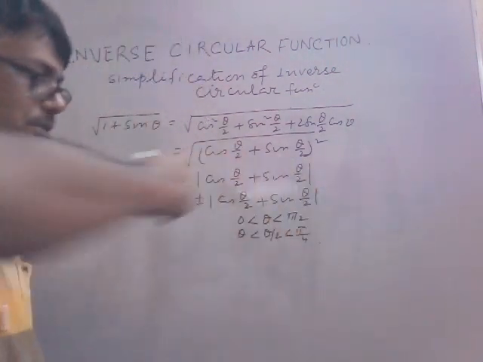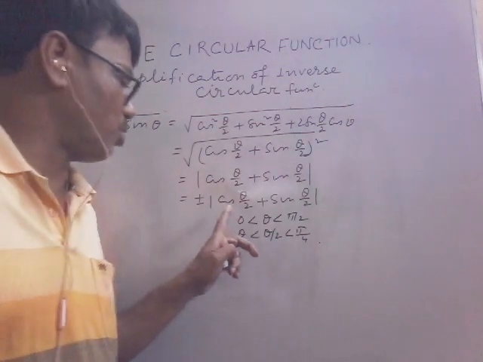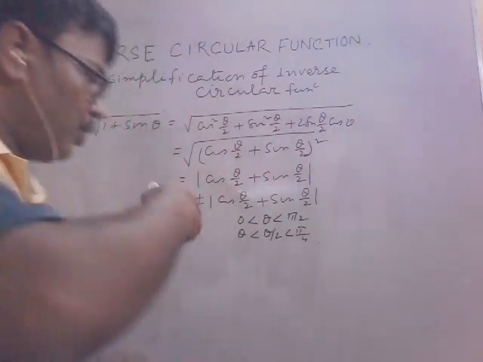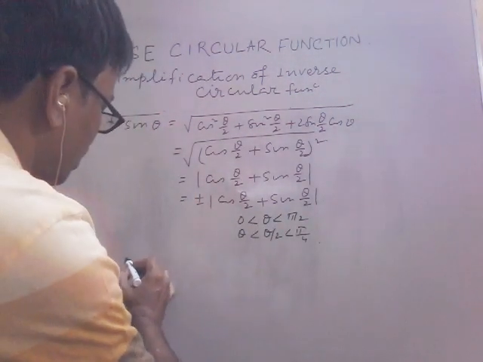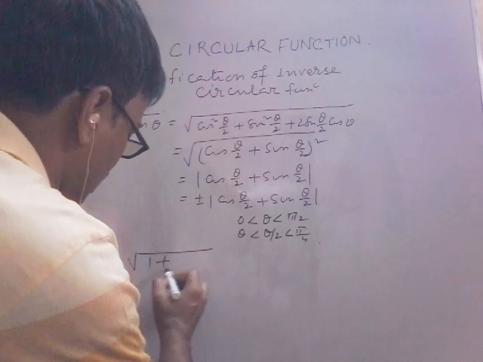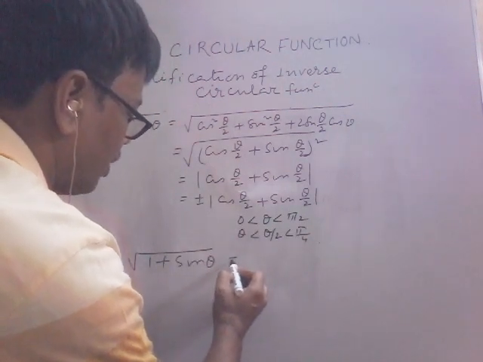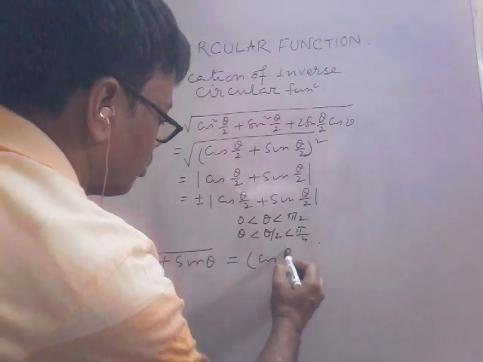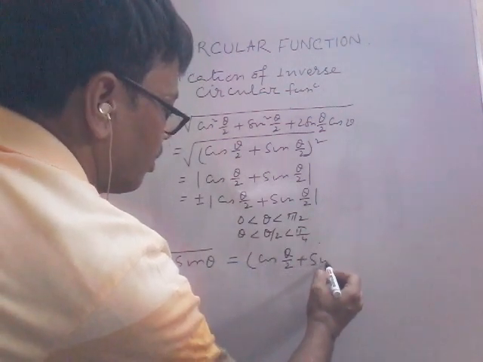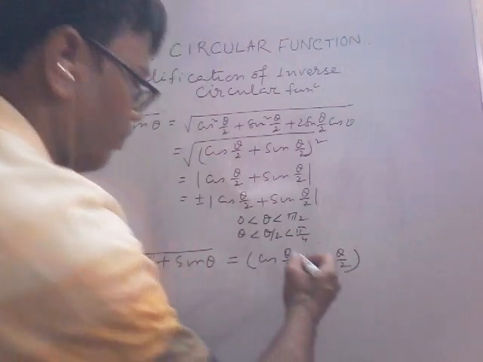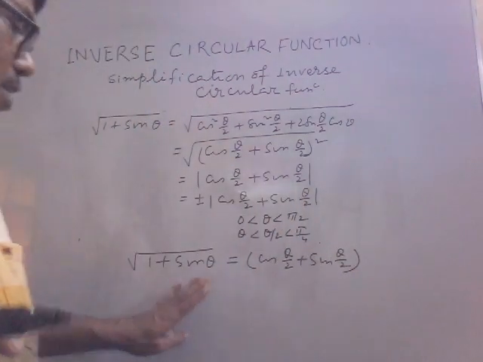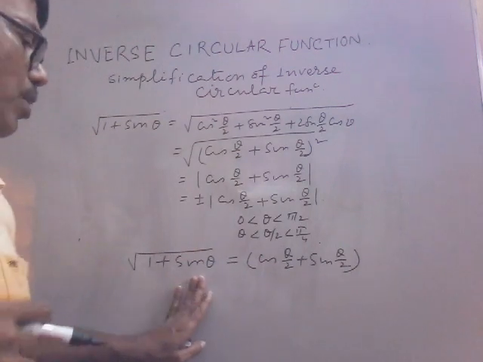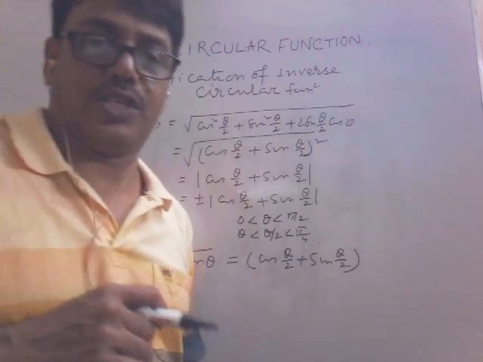Pi by 4. So cos theta by 2 sin theta by 2 positive. So in this case, root over 1 plus sin theta equals to only cos theta by 2 plus sin theta by 2. If no restriction is given, we suppose it is in first quadrant, so root over 1 plus sin theta equals to this.